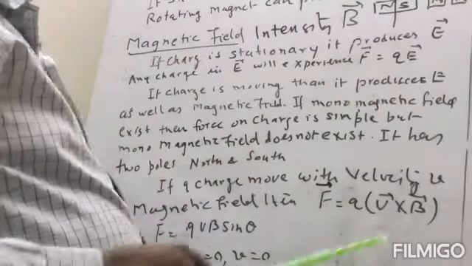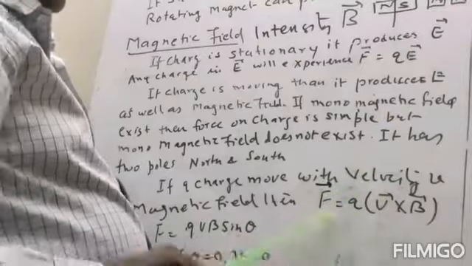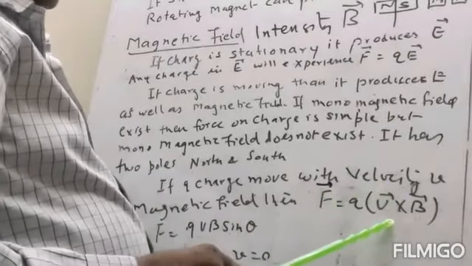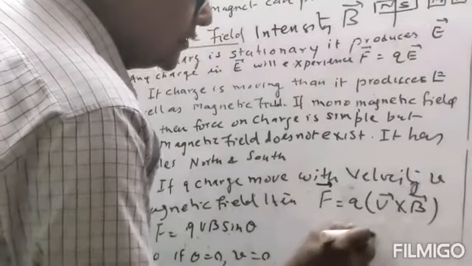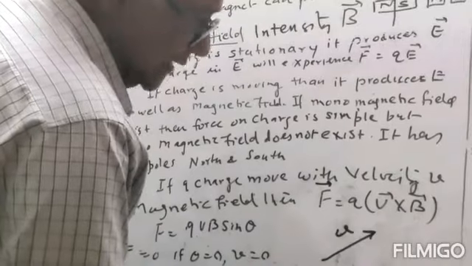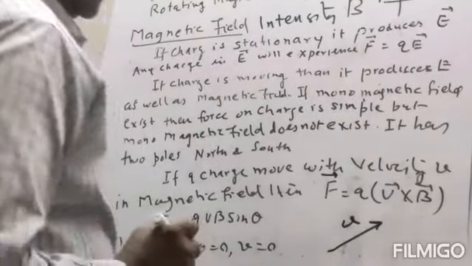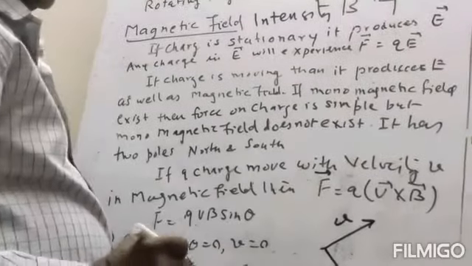Whereas in the case of an electrical field, force is in the direction of E. Now here force is perpendicular to the direction of V and B. Suppose the charge is moving in this direction with velocity V, and the magnetic field is in the upward direction, then the force will be in this direction.